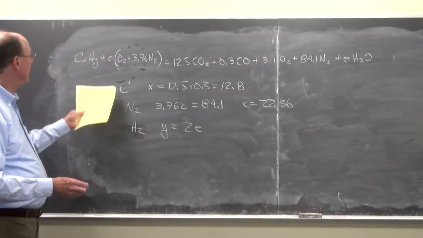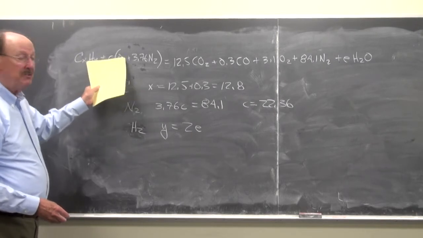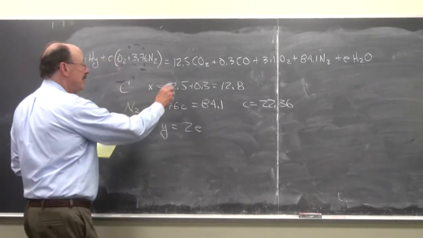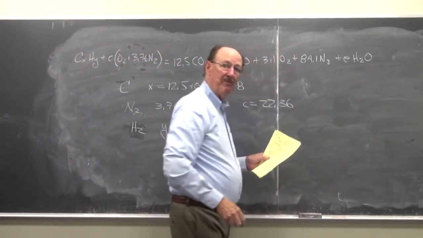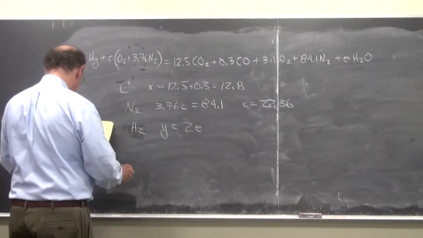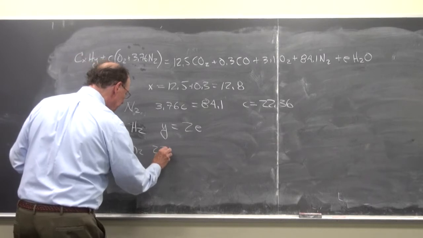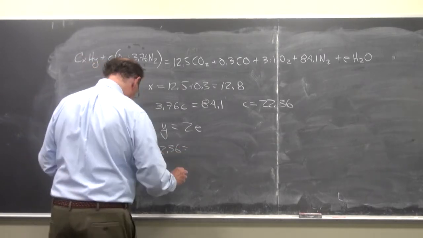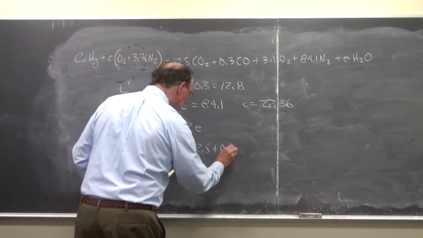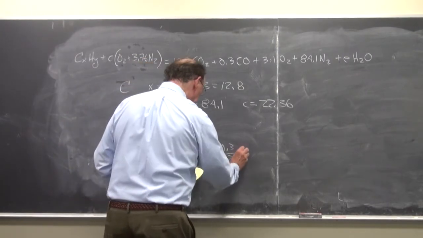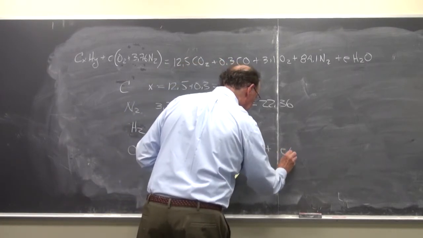So let's see what happens here. I know the oxygen that's being provided, and I know how it's being consumed. Oh, and here's a way for me to find E. So if I do the O2, I have 22.36 equals 12.5 plus 0.3 divided by 2, plus 3.1 plus E divided by 2.